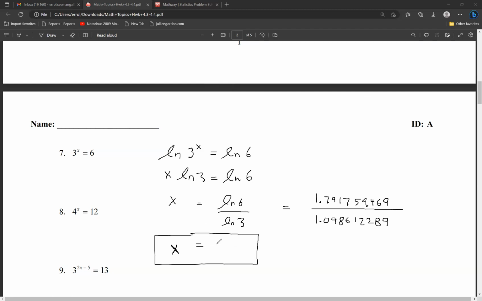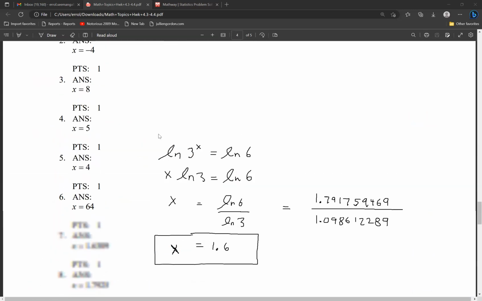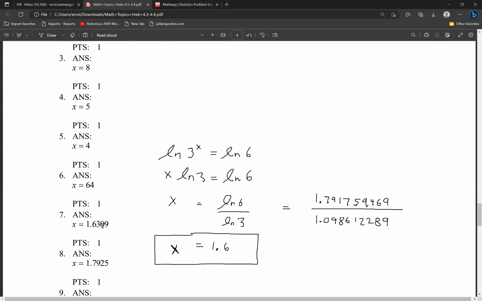The answer said like 1.6 something. I'm typing it in. I think that's what the answer was. Yeah, 1.6309.